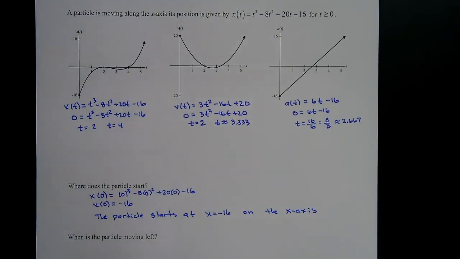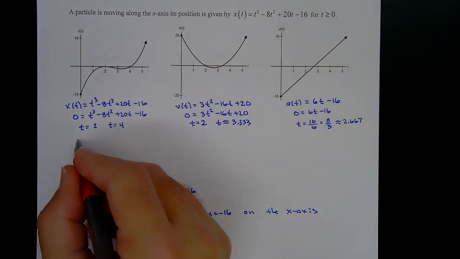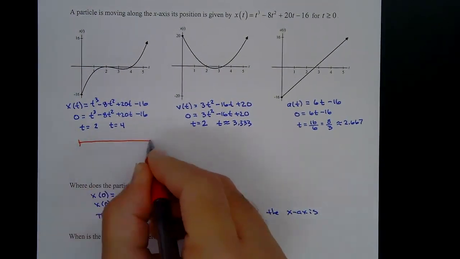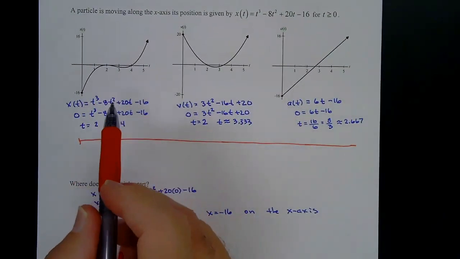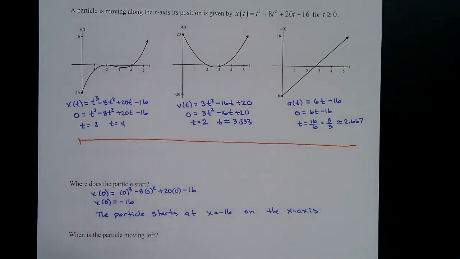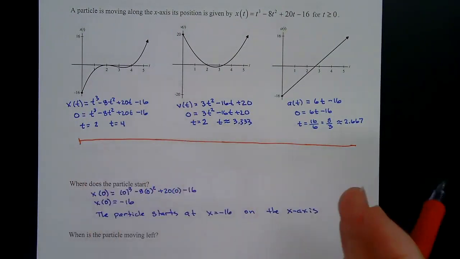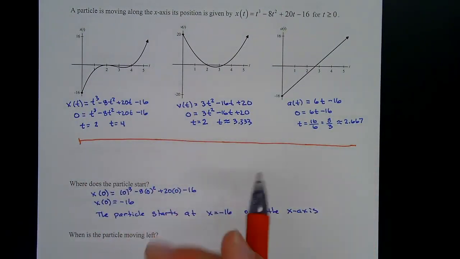All right, something I like to do is I draw a timeline to help me figure everything out, okay? So I'm gonna start this at 0. I'm gonna draw my timeline. And every one of these x-intercepts for position, velocity, or acceleration, I would put it in this timeline. Those are the important times because that's where things are gonna change, okay?